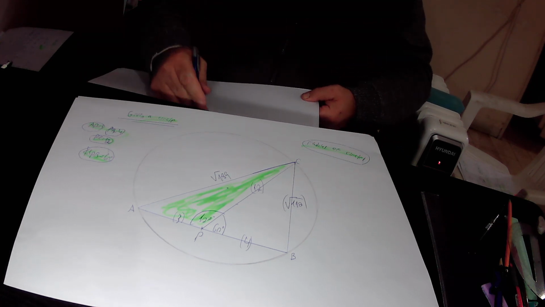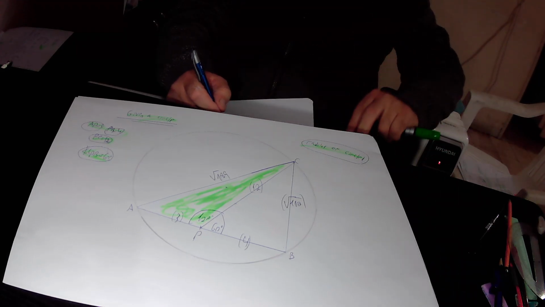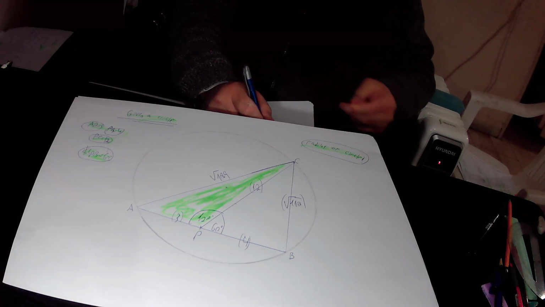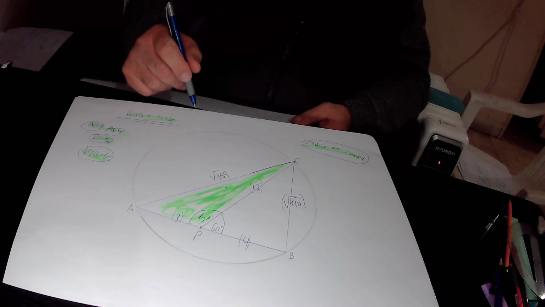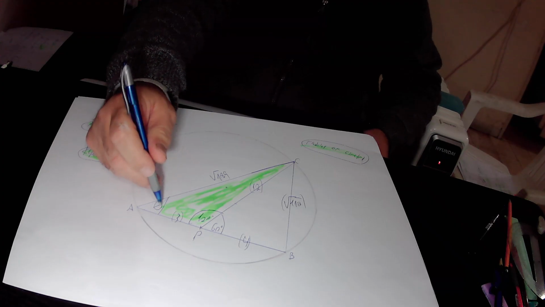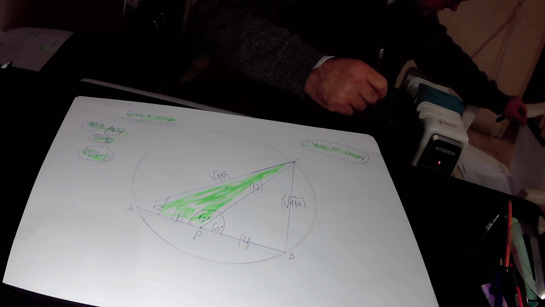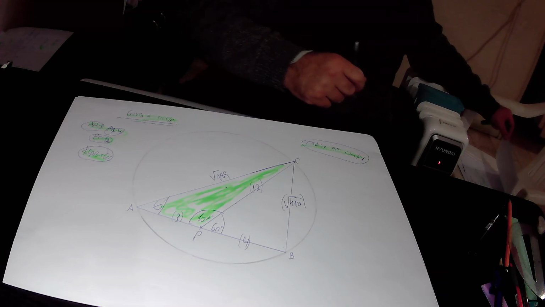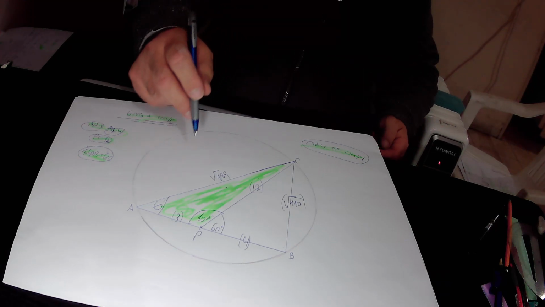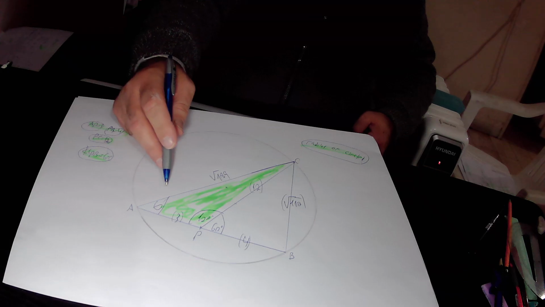So according to the law of cosines, in the big triangle ABC, we'll choose angle alpha, and this angle, so angle theta in the law of cosines is equal to angle alpha.